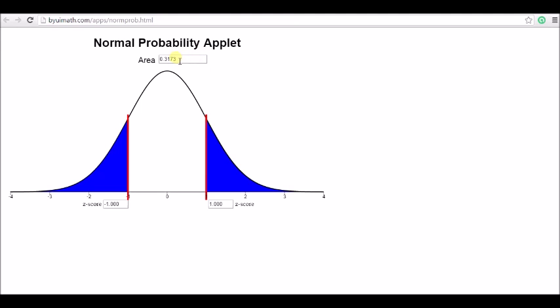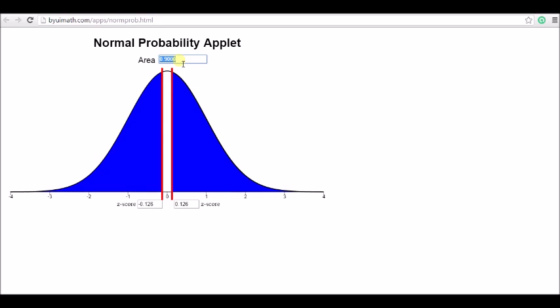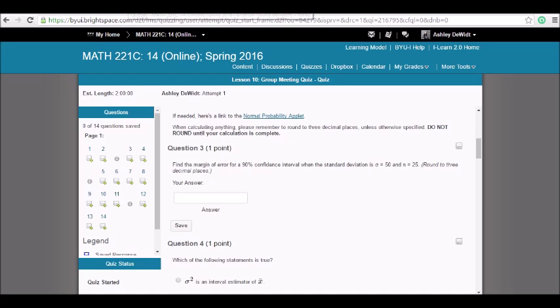For the area? Yeah. So 0.126? That's what I'm getting. 0.126.